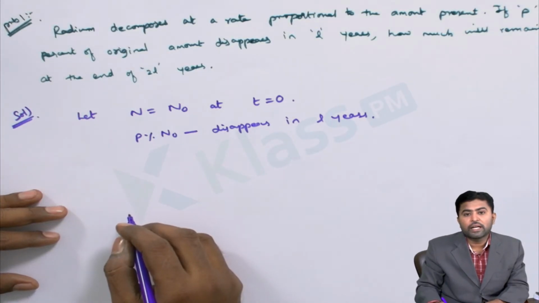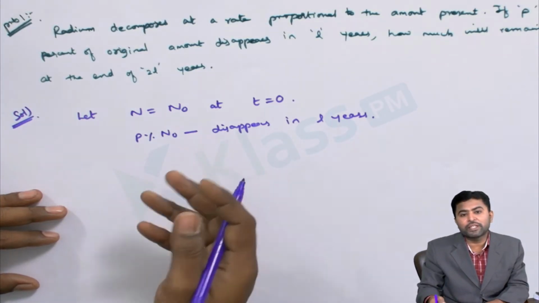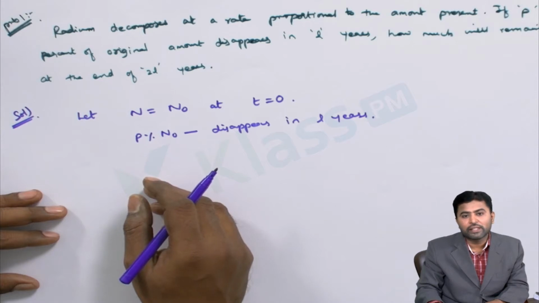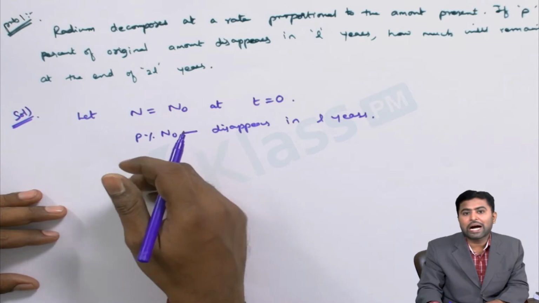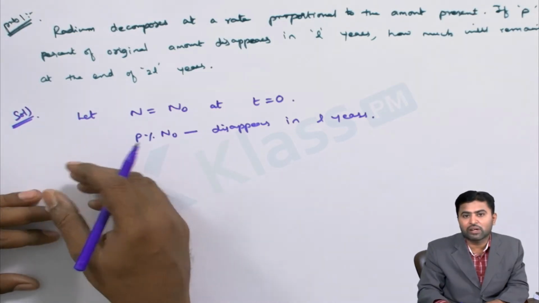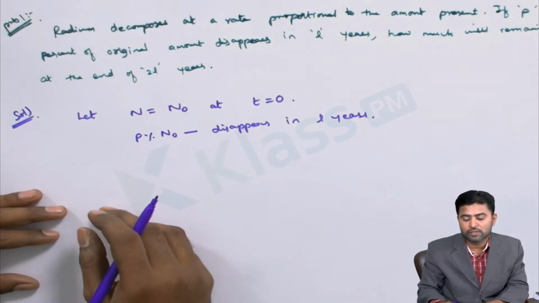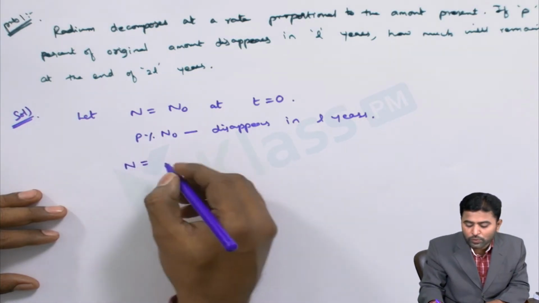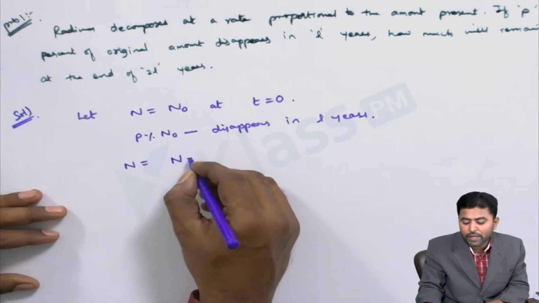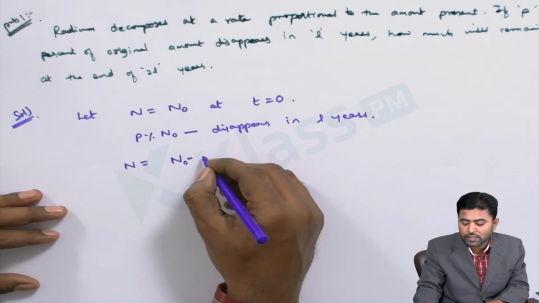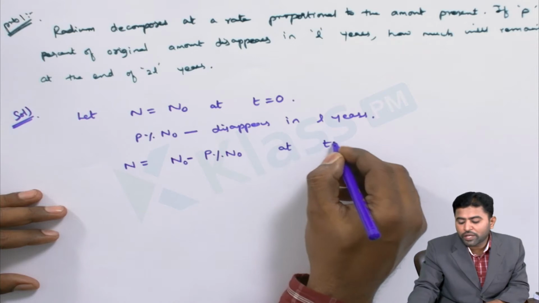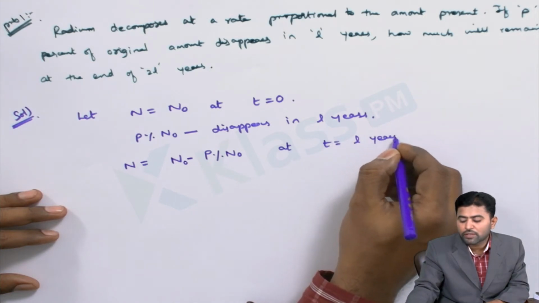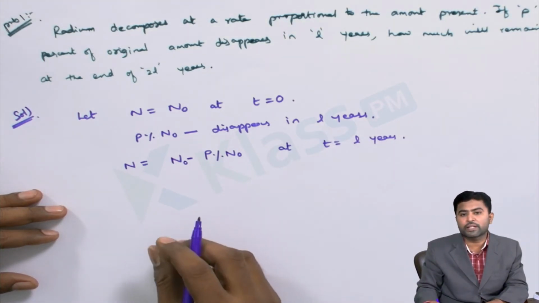If I say that 95% disappears in 1 year, then 5% is as it is. So in the same way, I have to take out how much is present there, not the one which disappears. So n is equal to n0 minus P% of n0 at time t is equal to L years. The total amount was n0.